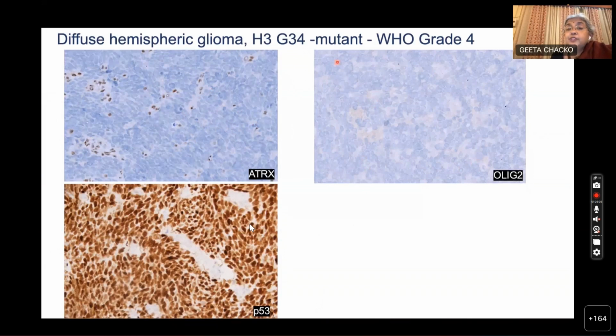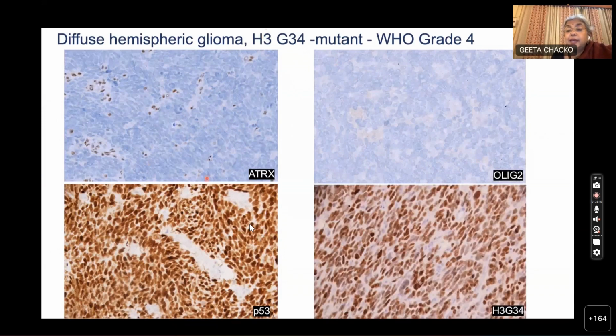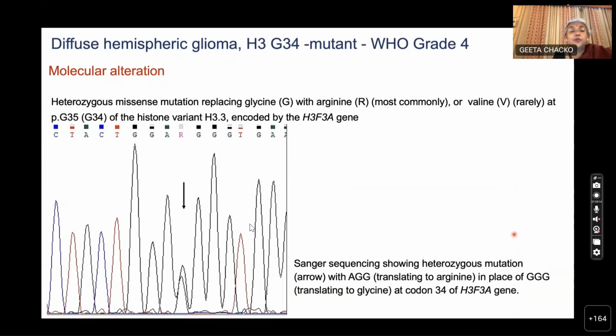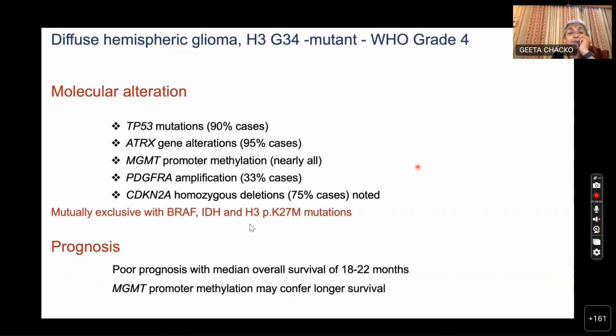And therefore, one has to start thinking of this tumor with this combination, and here it demonstrates positivity for this immunohistochemistry. By sequencing, one can show the arginine replacing glycine or valine, so you can either do it by NGS or by immunohistochemistry.